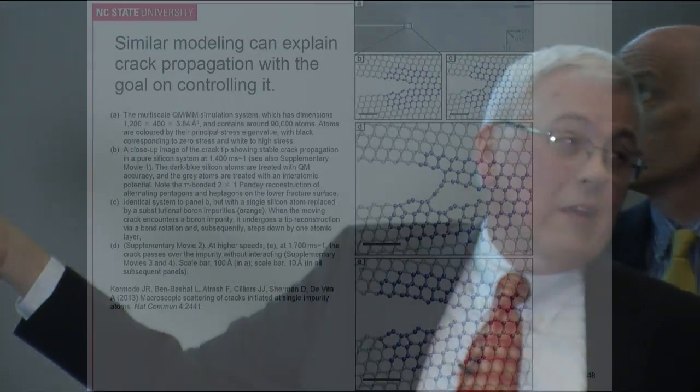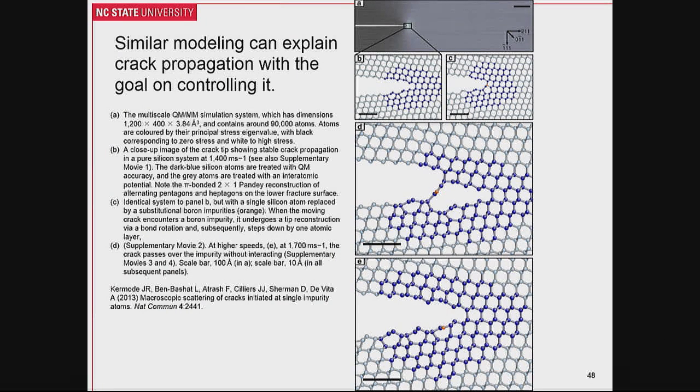The quantum mechanics, molecular mechanics method that I showed for crack propagation is very similar. In fact, I think that's conveniently right there. The dark blue are the ones that are treated at high level of theory. The gray or light blue atoms were the ones that were treated at low level of theory.